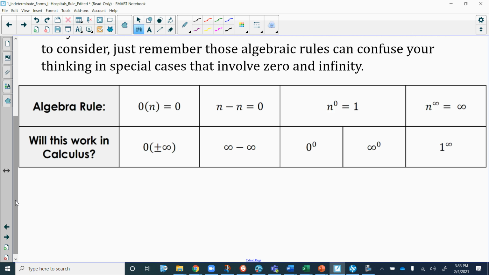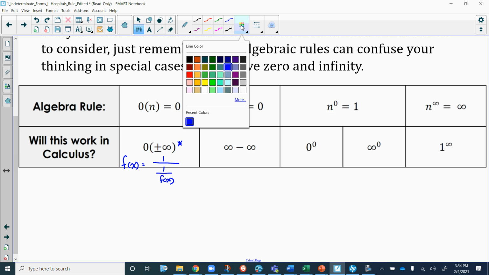So whenever we have 0 multiplied by a positive or negative infinity, we'll take our function and write it as a ratio of 1 over f of x. That is how we would set up L'Hopital's rule to work with that particular indeterminate form.